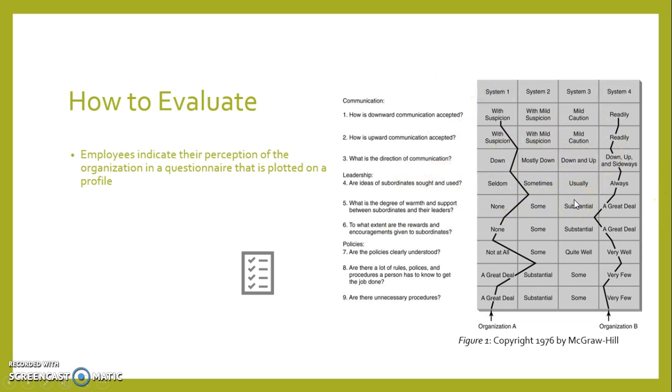In this figure, Organization A has answers that fall mostly in the first column, with suspicious communication, unmotivated employees, and many rules and unnecessary procedures. Organization B, on the other hand, scores mostly in column 4, making them a System 4 company, with accepted communication from all directions, rewarded employees, and policies that are understood and relevant.